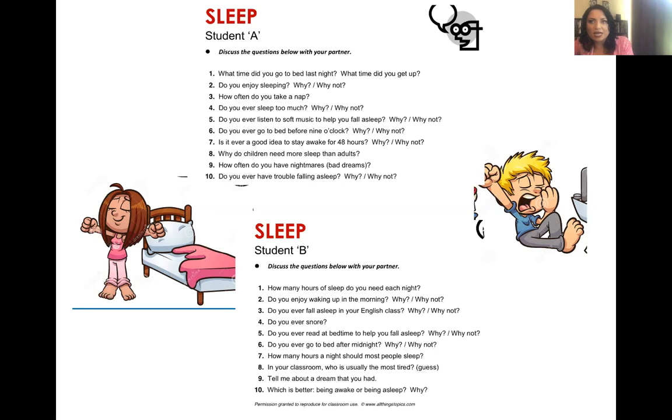Adults usually need at least 8 hours. Everyone needs 8 hours of sleep. Teenagers sometimes need up to 10 hours of sleep because they are growing. Babies can sleep 20 hours a day.